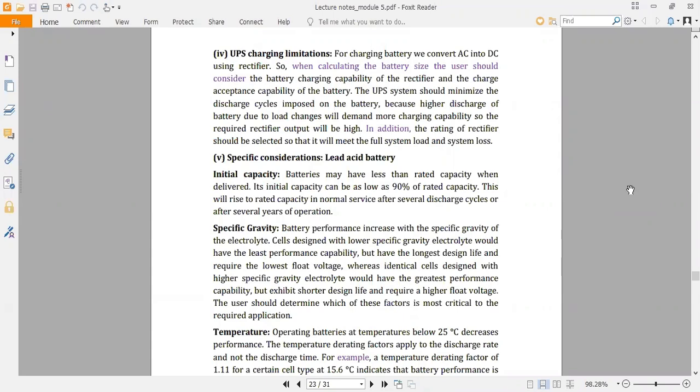And that DC will be given as an input to the battery for charging the battery. So when calculating the battery size, we should consider the battery charging capability of the rectifier.